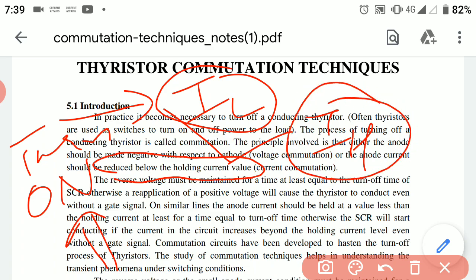Holding current is the current which is used to turn off the thyristor. That is, if we make the current flowing through the thyristor below the holding current value, then the thyristor will automatically turn off.